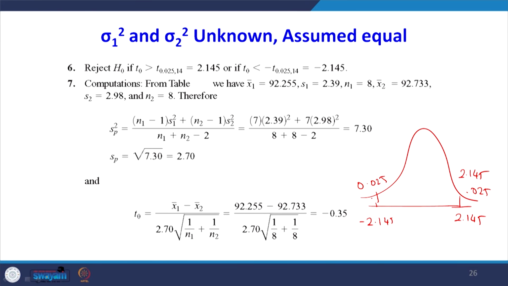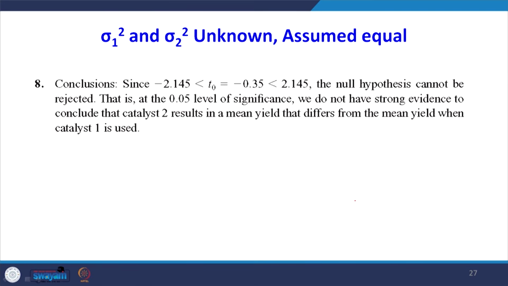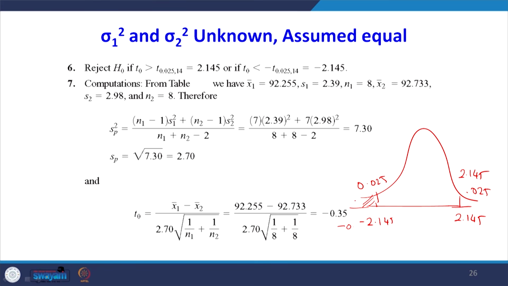Obviously, you have to locate the rejection region. So, what are we concluding? Since minus 2.145 is less than the calculated t value, which lies on the left hand side at minus 0.35, the calculated t value of minus 0.35 lies in the acceptance side.